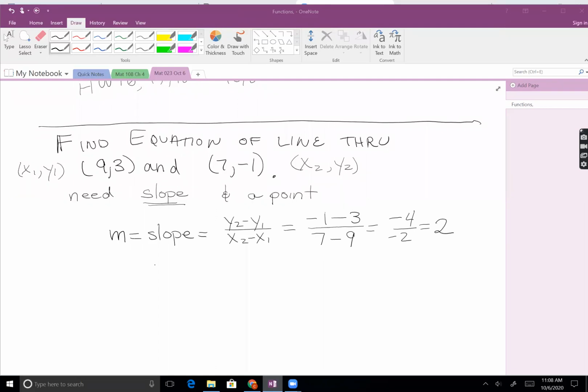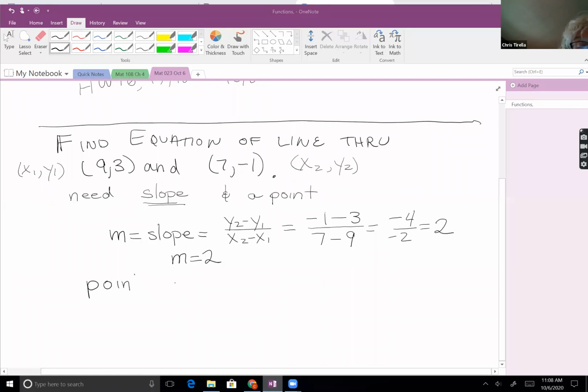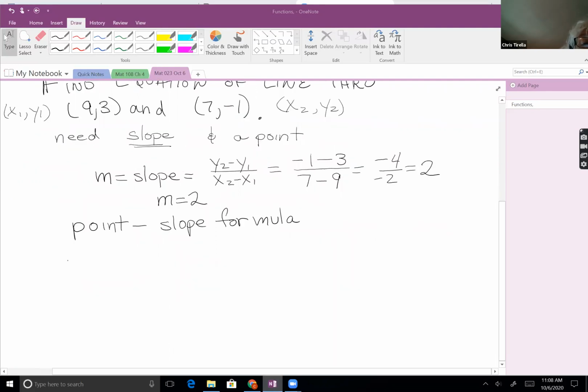Yes. So now we have a slope of 2. And we can now use the point slope formula to find the equation. I like to think of the point slope formula as coming from cross multiplying my slope formula. It says that y minus y1 is equal to m times x minus x1.